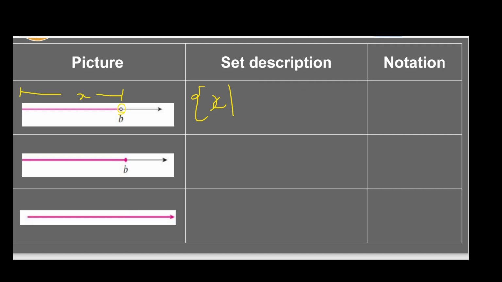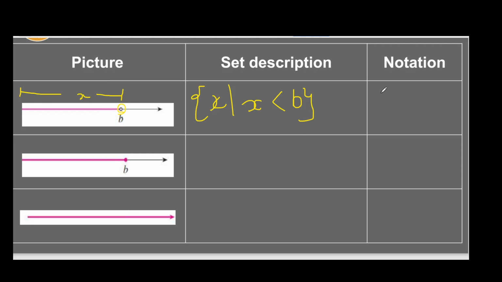You can write like here: x is less than b. We cannot put equal sign because it's not shaded.